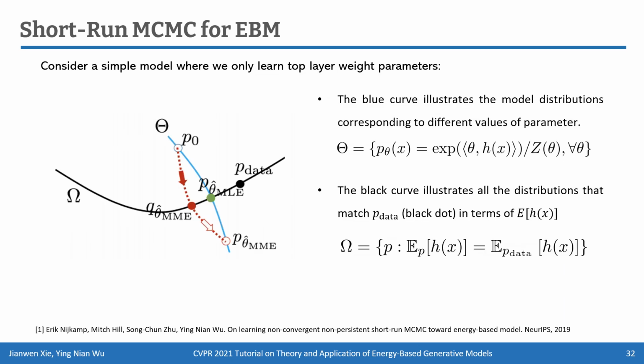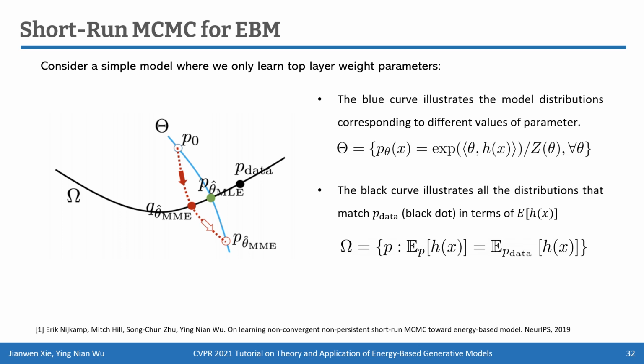Now, I want to show you how to understand the learning behavior of the short-run MCMC. Let's consider a simple model where we only learn the top layer weight parameters, theta. The blue curve illustrates the model distributions corresponding to different values of parameters.